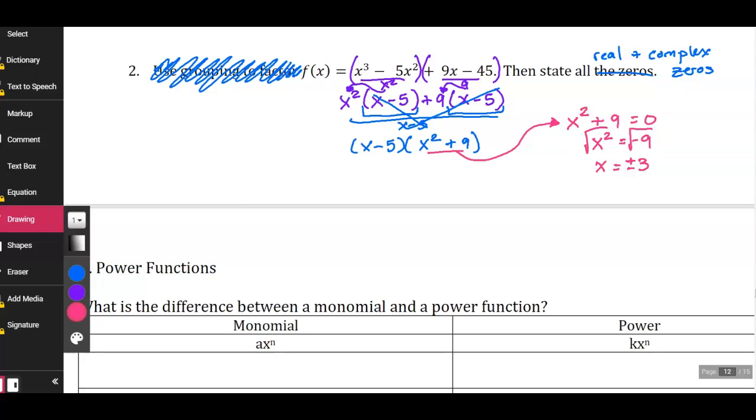However, I still haven't dealt with the negative inside of that square root. Because I pulled that 9 out already, I'm left with the square root of negative 1. Exactly. And the square root of negative 1 is replaced by an i. So here, my full set of zeros are a positive 5 and plus or minus 3i.